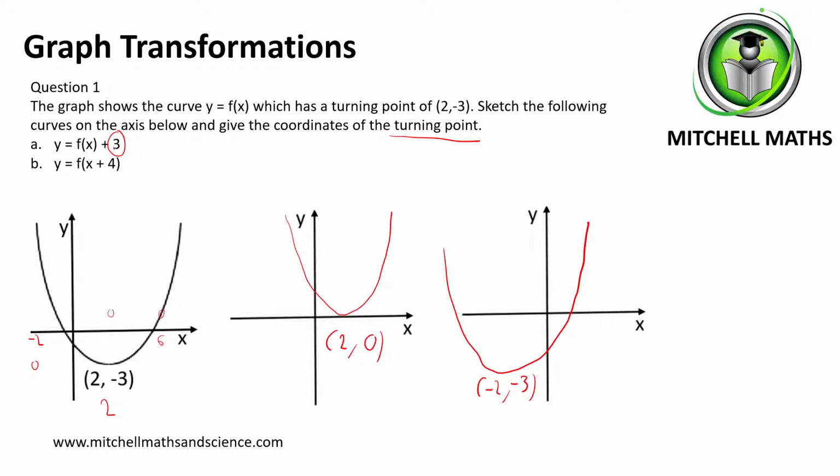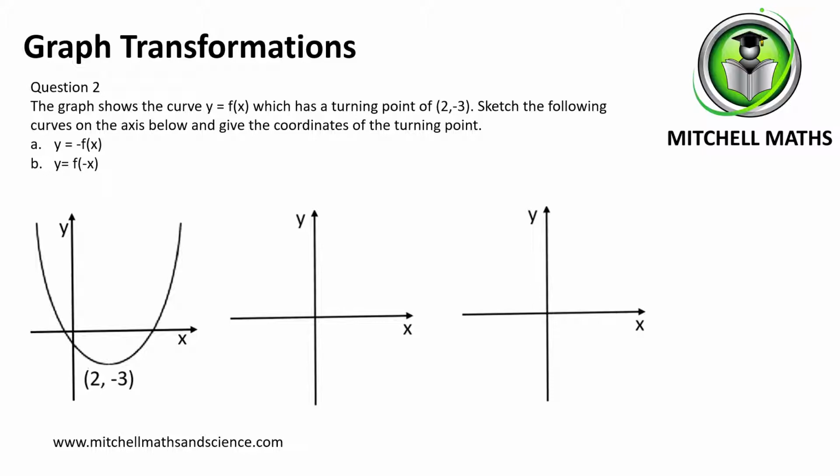So we've looked at what happens if you add something to the y, or if you add something to the x. Now let's have a look at when we put minuses in. When we put negatives into these f of x equations, what we get is reflections. And for the first one, where we've got y equals minus f of x, what that means is all the y values which were positive will now become negative, and all the y values which were negative will now become positive.